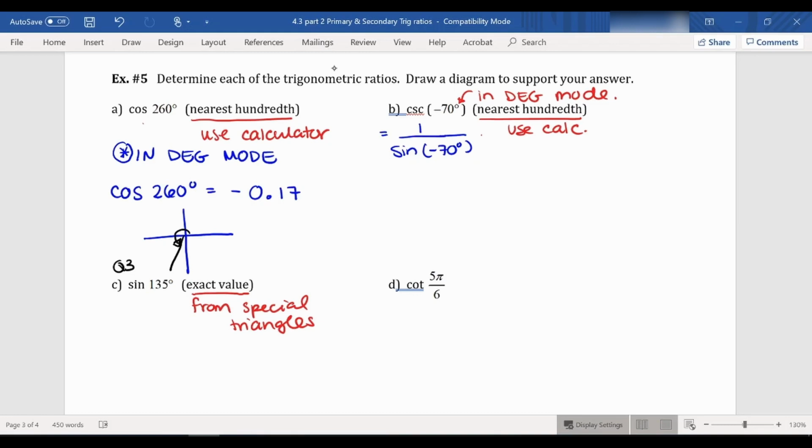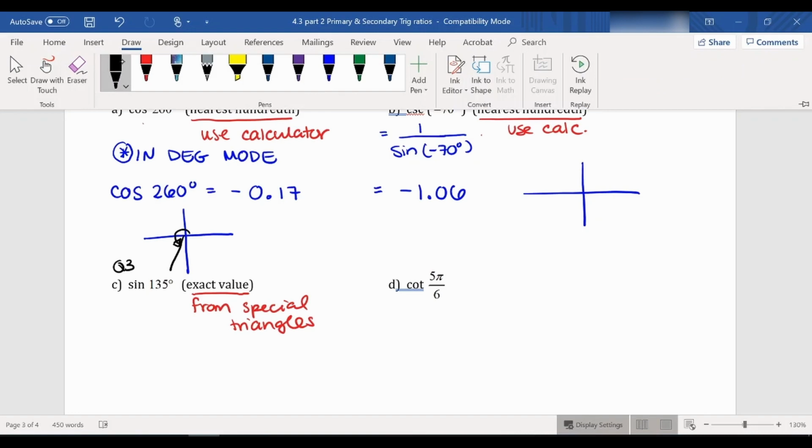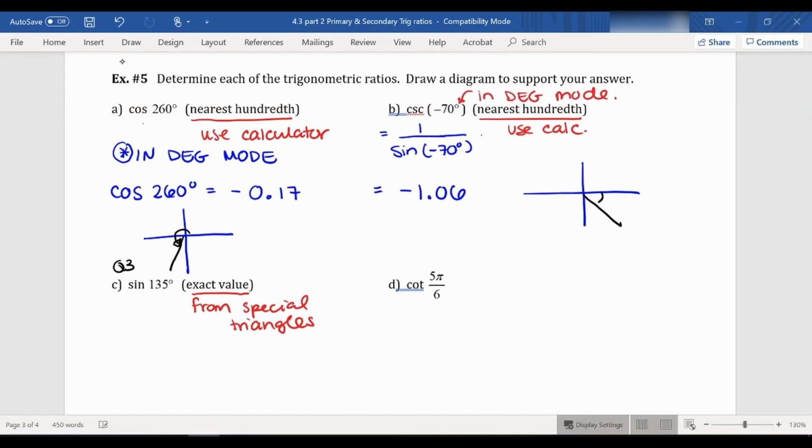So in your calculator, you will type sine of -70 degrees, figure out what that is, and then do 1 divided by that answer. We should get -1.06. And if I think about this, -70 degrees is down here, traveling in the opposite direction that we're used to, and this is in Q4. Sine should be negative in Q4, therefore cosecant should be negative in Q4.